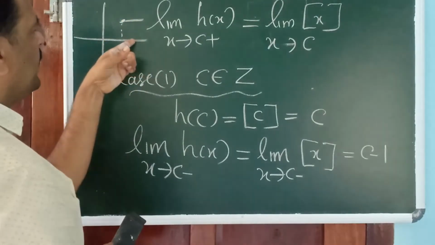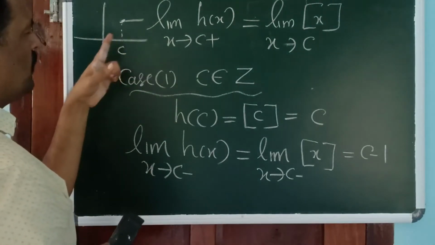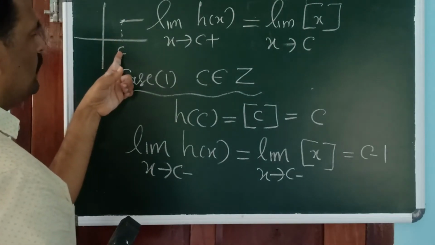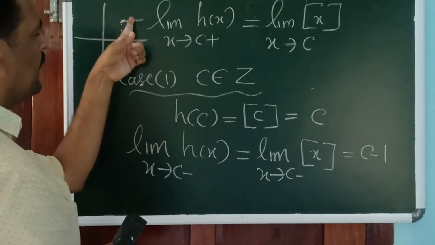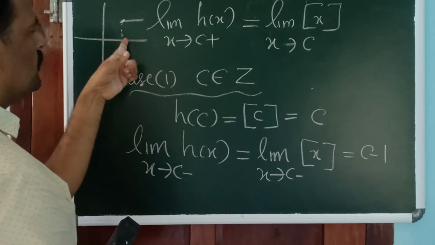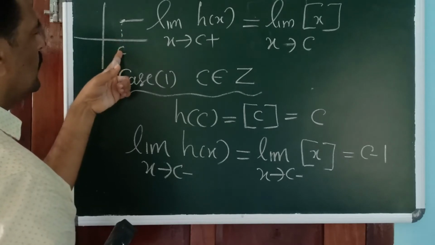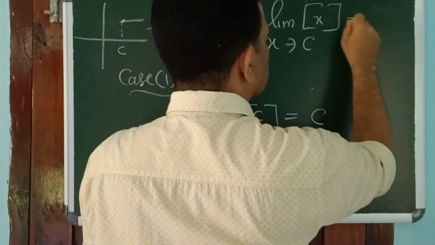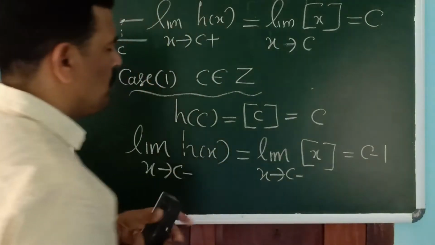If you find x tending to c, നമ്മൾ c എന്ന് പറയുന്ന റിയൽ നമ്പറിന്റെ ഒരു ഇന്റിജർ ആണെങ്കിൽ ഇന്റിജറിന്റെ റൈറ്റ് സൈഡിൽ ഫംഗ്ഷന്റെ വാല്യൂ സിക്ക് ക്ലോസ് ആയിട്ടുള്ള സ്ഥലത്ത് ഫംഗ്ഷന്റെ വാല്യൂ എന്ന് പറയുന്നത് സി ആയിരിക്കും.